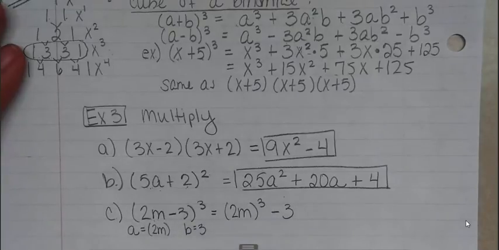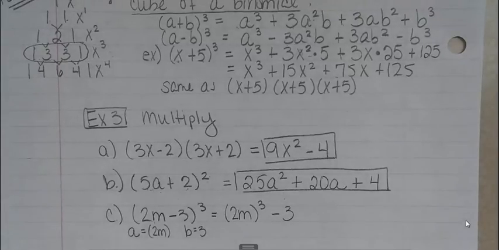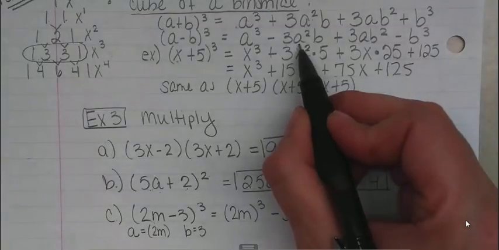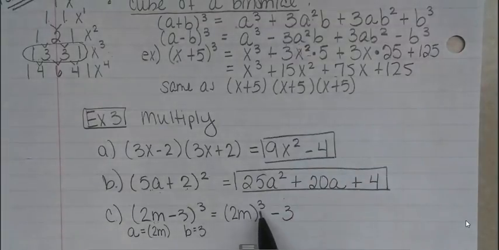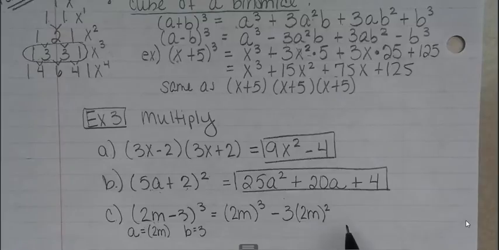I'm just going to focus on the 3 because I already know the signs need to alternate. So 3 will be my coefficient, and then I'm going to square A, because A originally was cubed, and then B gets one more power, so B gets thrown in there, times 3.